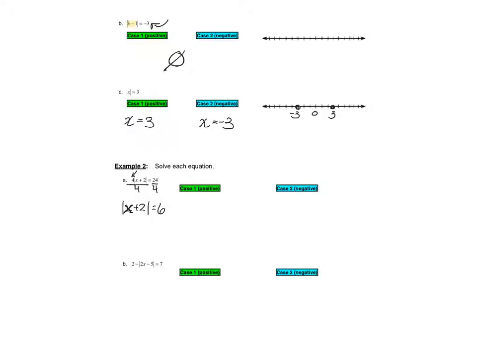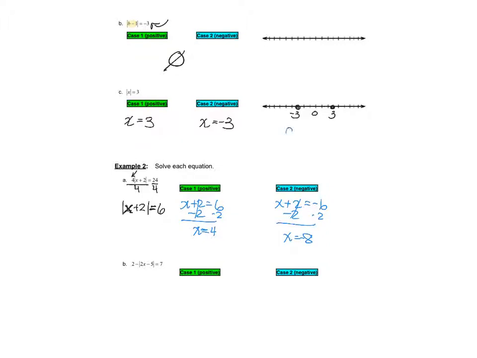Since that 6 is positive, I can go ahead and make my two cases. x plus 2 equals 6, and x plus 2 equals -6, and I can solve both by isolating x. 6 minus 2 is 4, and x equals -8. So I have 4 and -8.